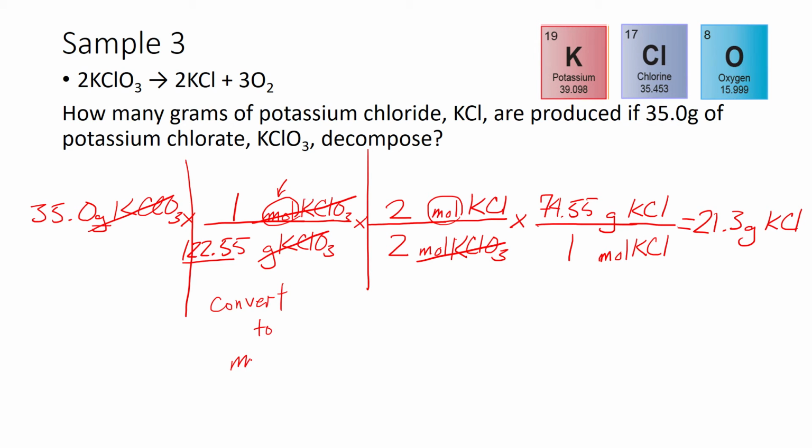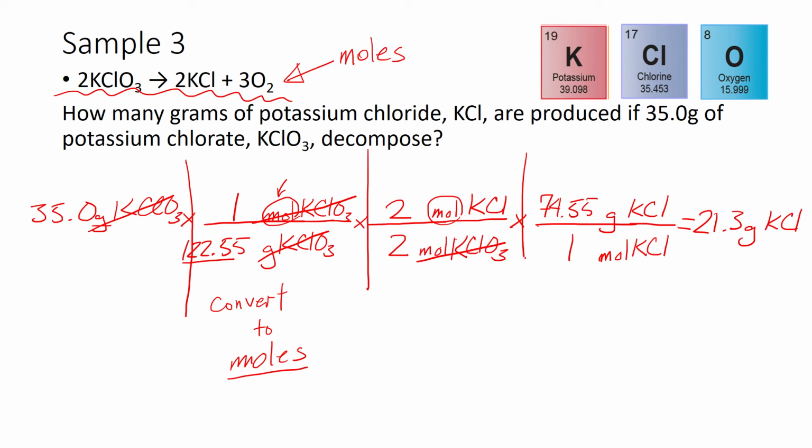Why did I convert to moles? Because it's the only way to use this chemical equation. If I want to change from one chemical to the other, I have to use this chemical equation, and this chemical equation describes moles. It describes molecules, counts, atoms. It doesn't describe grams or volume. It describes actual individual molecules. So I gotta first convert to moles.